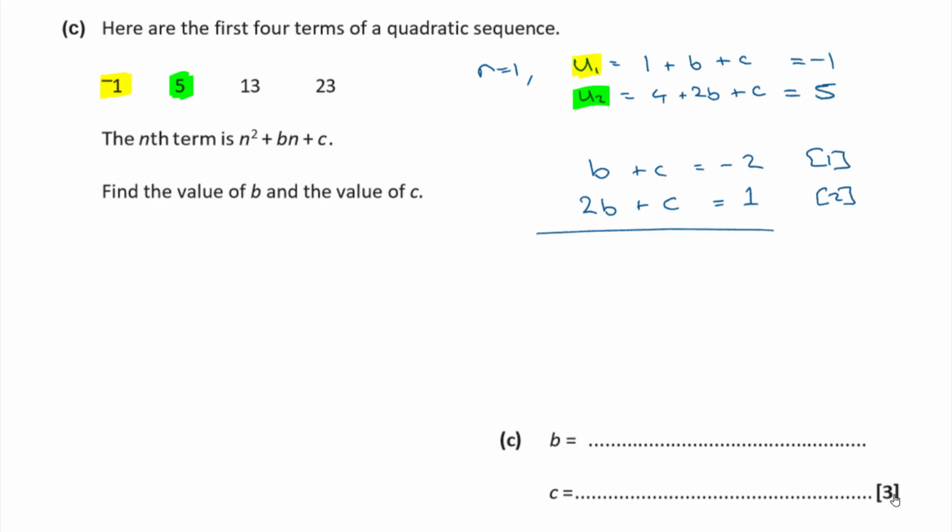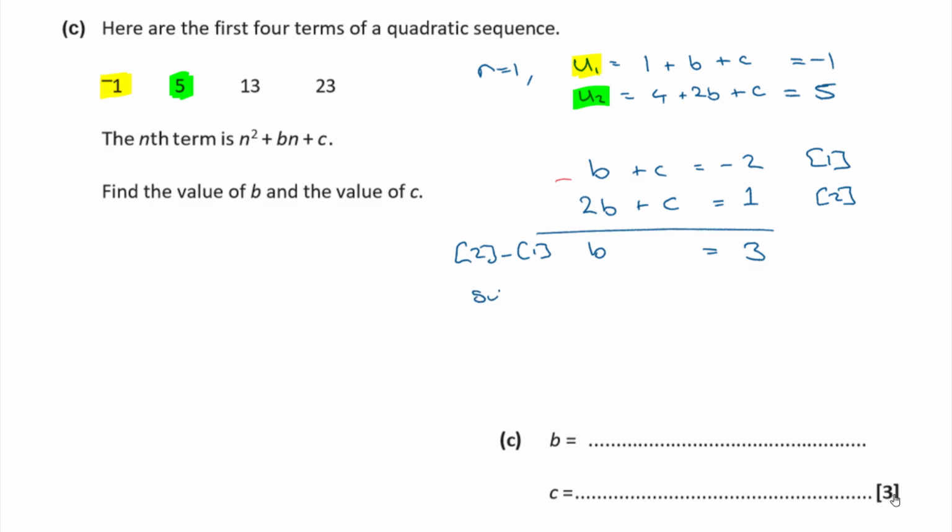Now how can I simplify these? Well, if I take equation 1 away from equation 2, so equation 2 minus equation 1, just subtracting uphill here. 2b take away b is b, plus c, c take away c is nothing, and then 1 take away -2 is 3, isn't it? So that gives me b is equal to 3.